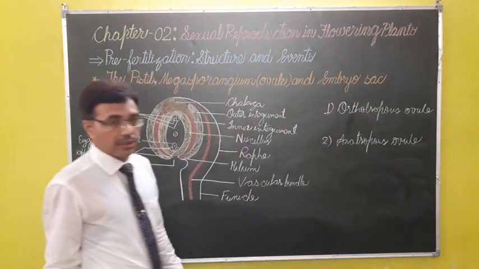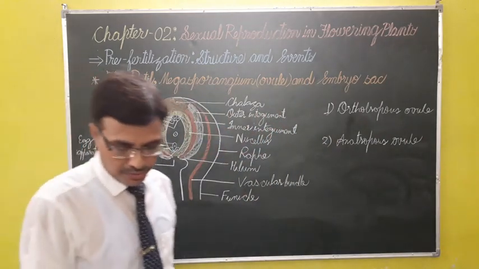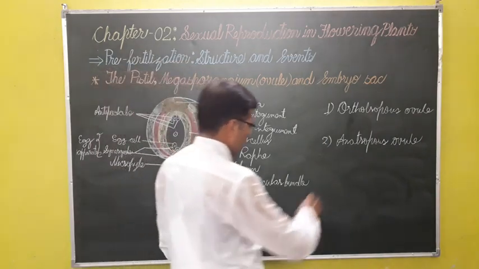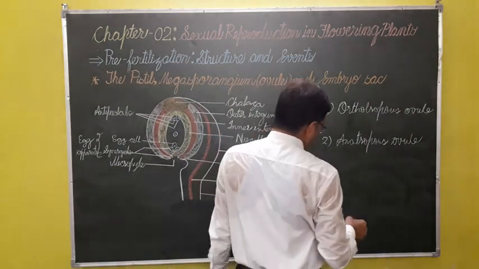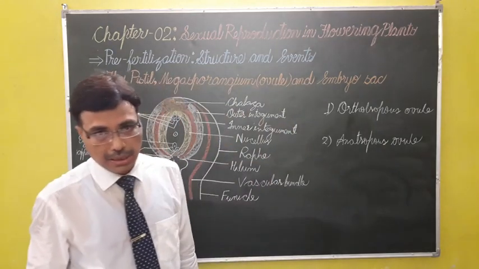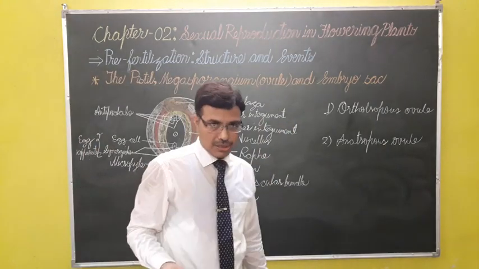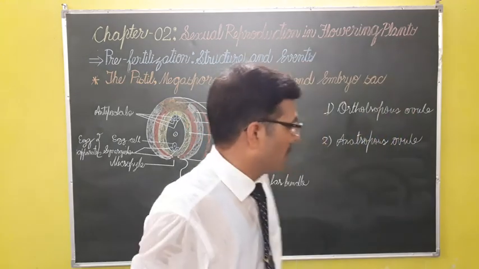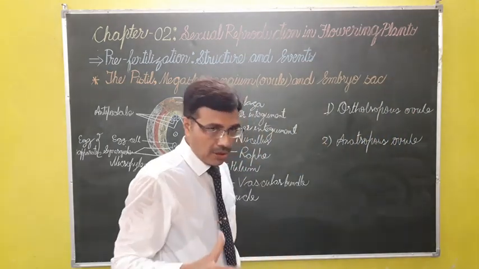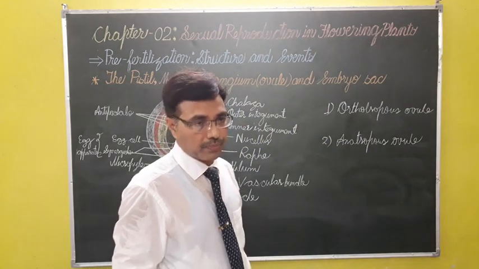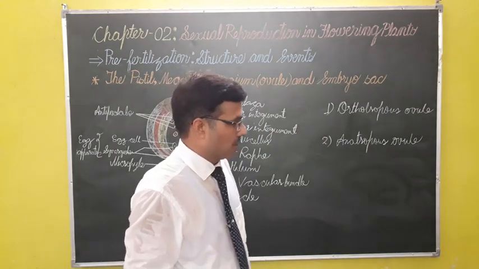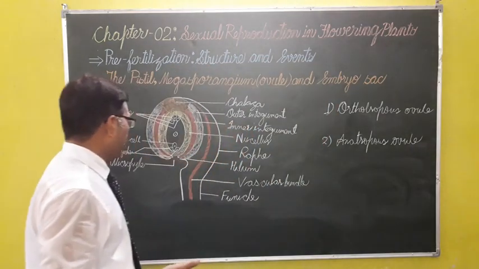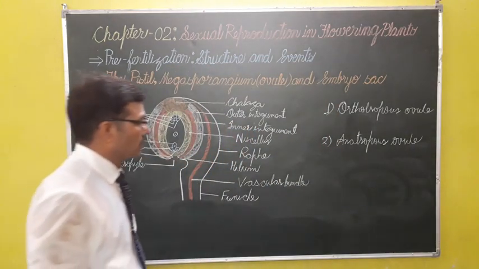Now, what is the difference between these two, orthotropous and anatropous ovule? So let us take one by one. Students, as I told you, the ovule is attached to the wall of the ovary. The point of the ovary wall through which the ovule is attached is called the placenta, right?